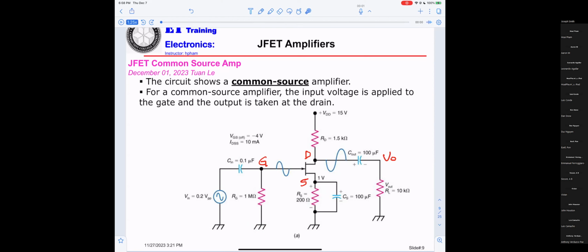If they have not given you a graph, can you tell me what they have given you in this circuit? What they given? Yes, it's 1 volt. Perfect. Right here, they given a 1 volt. So if you get a 1 volt for VF, can you calculate the IF?